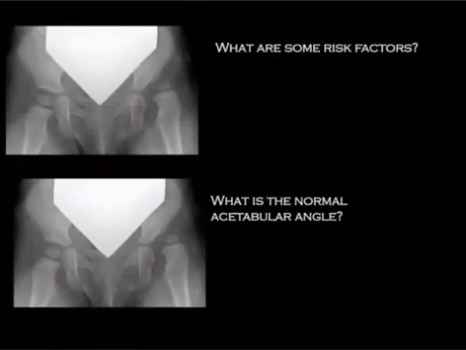All right, so here's our first case, and we said that this was developmental dysplasia, right? This angle is too much. We've got too much here. So what are some of the risk factors for this? Think about two major things. The first one is crowding.